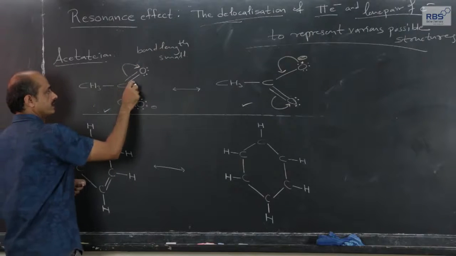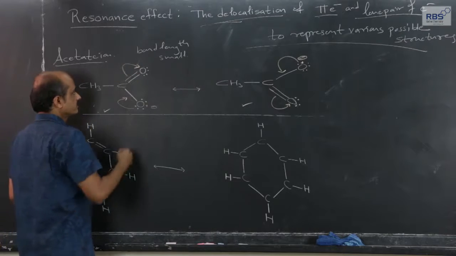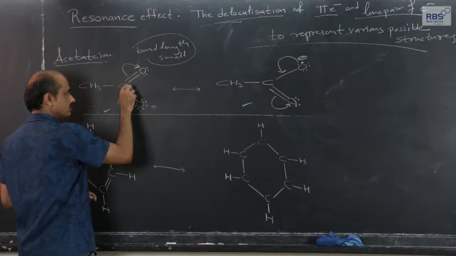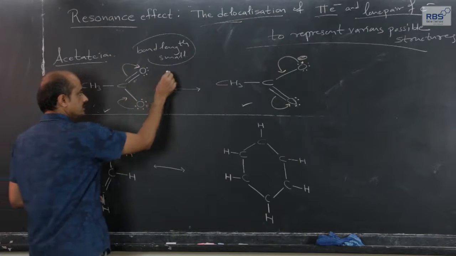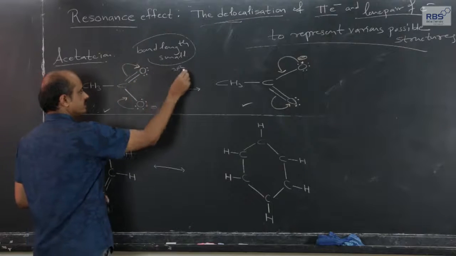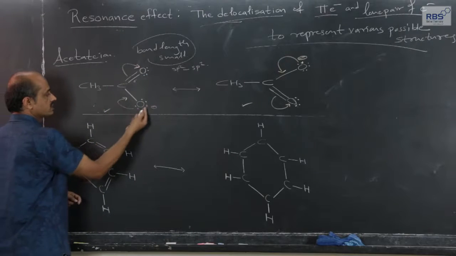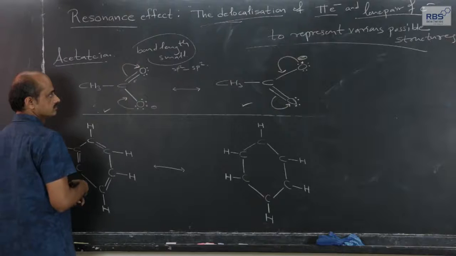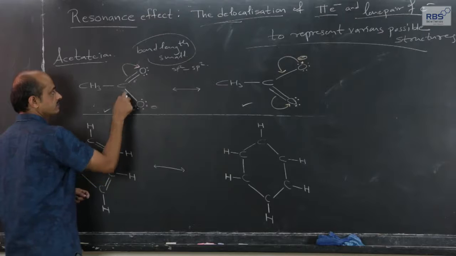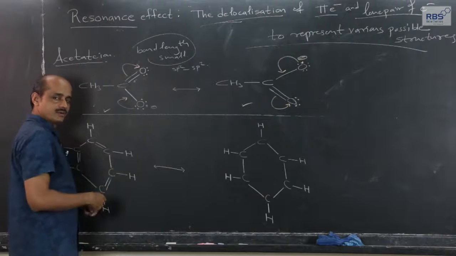The sigma bond is formed by the sp2 hybrid orbital of carbon and sp2 hybrid orbital of oxygen. And if we focus on this carbon oxygen single bond, its bond length is expected to be large because it is a single bond, simple reason.